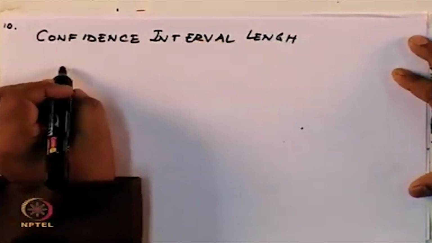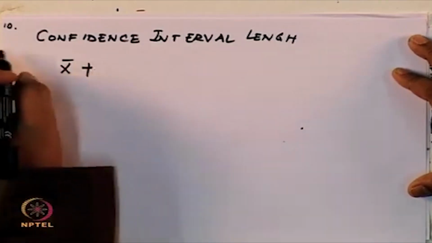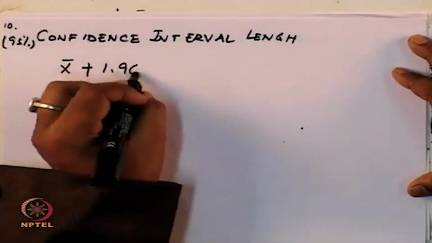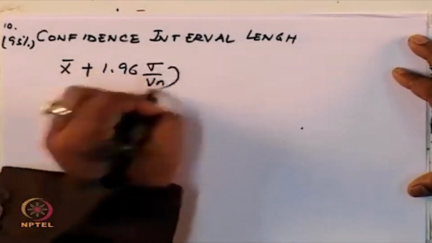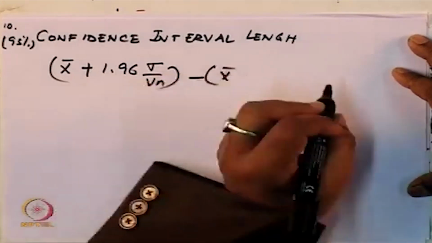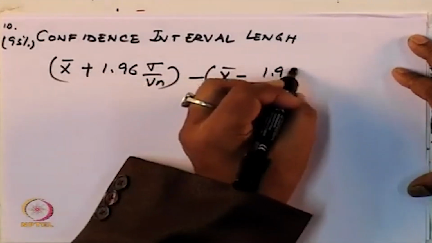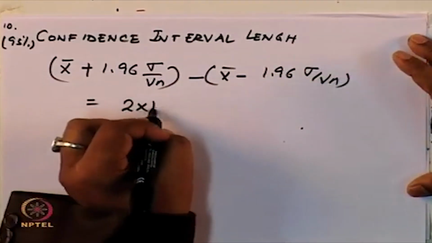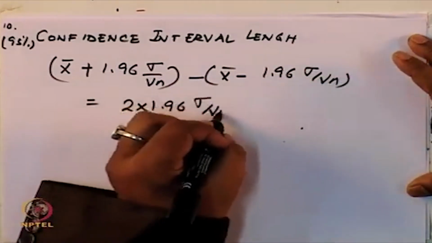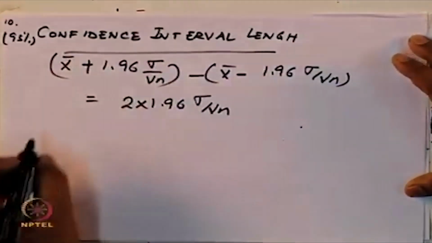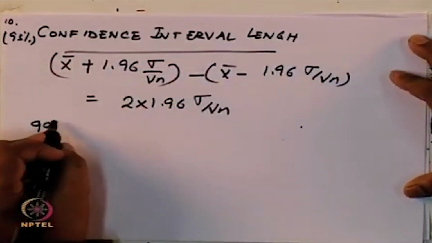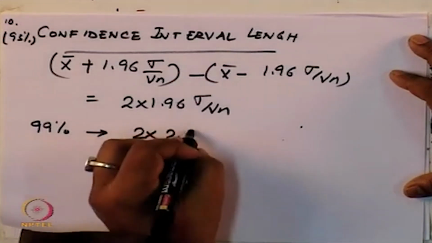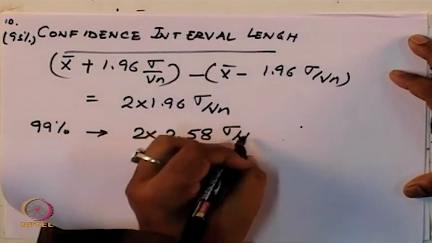If you want a 95% confidence interval length, it is basically x bar plus 1.96 sigma by root n minus x bar minus 1.96 into sigma by root n. Okay. This is 2 into 1.96 into sigma by root n. So, this is your confidence interval length. Accordingly, for the 99% confidence interval, the length will be 2 into 2.58 into sigma by root n.